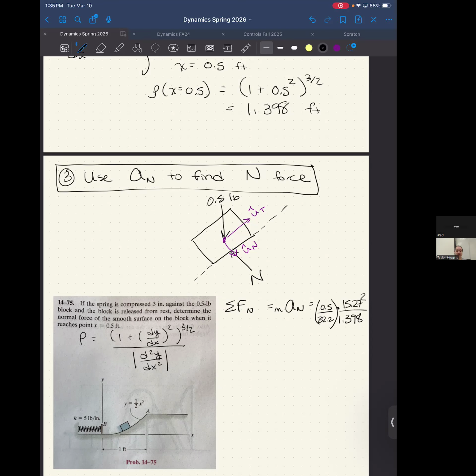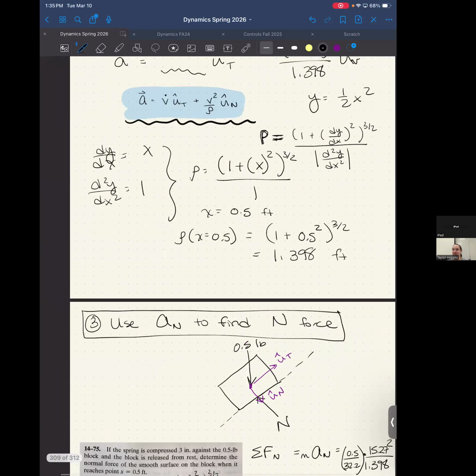I can't do the trig for how to split up this weight force into a normal and tangential component until I know the angle this is at. Any ideas how we might figure that out? Yeah? Theo? Oh, yes. Use the equation, plugging in your x value and you see the rise of the. Yes.